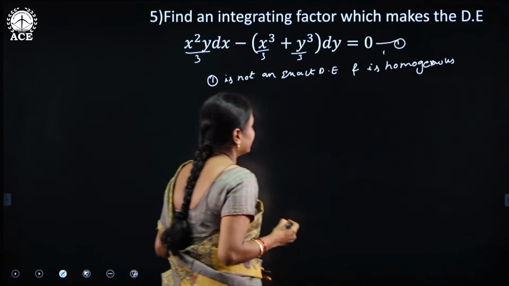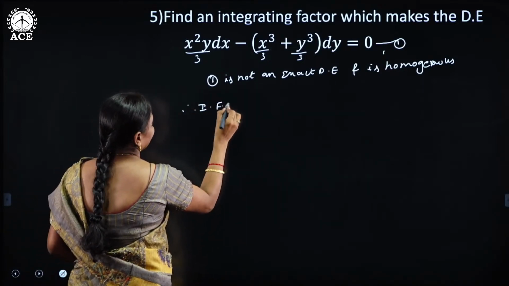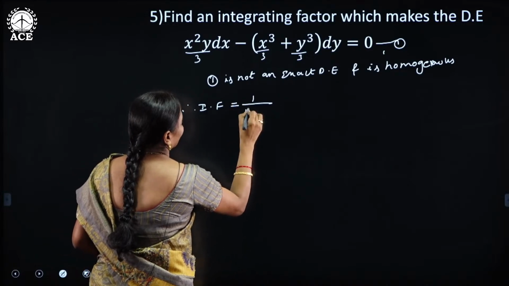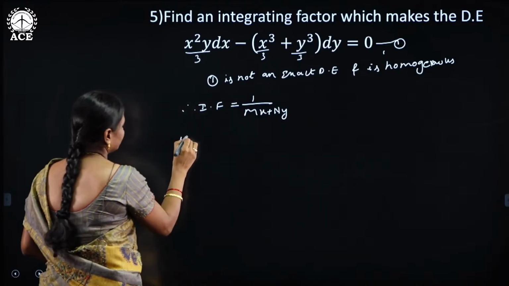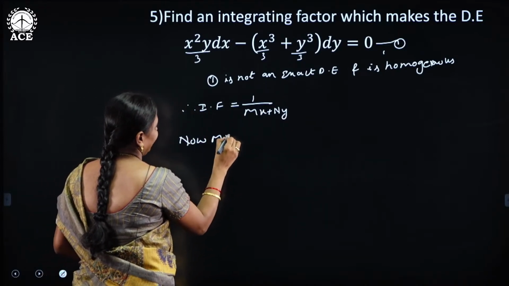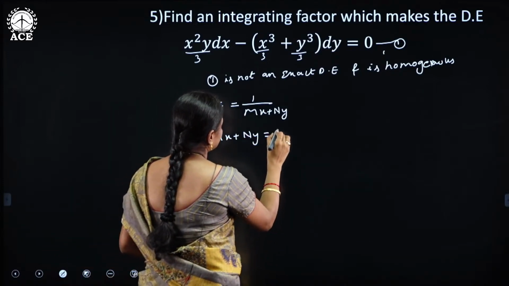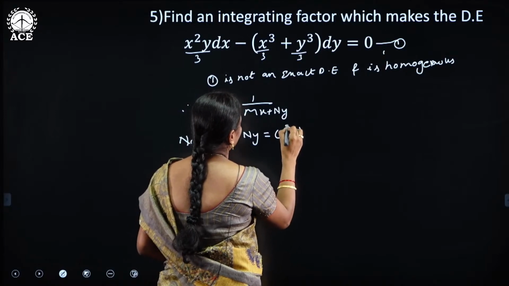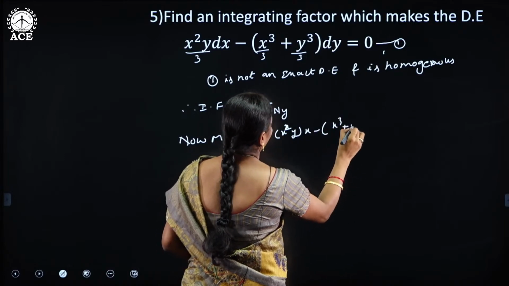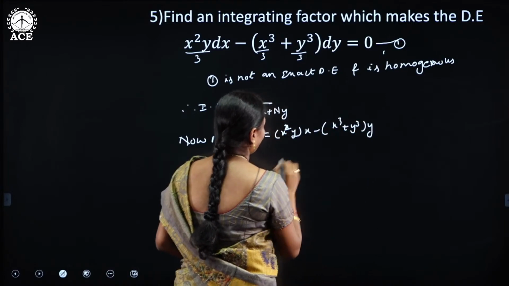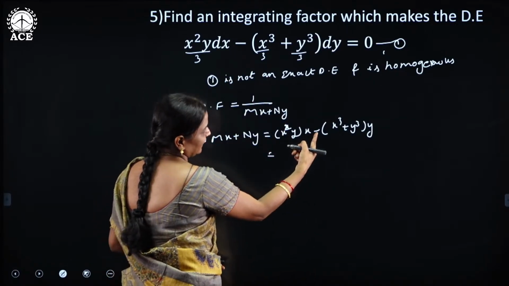If it is homogeneous, what is the integrating factor? Therefore the integrating factor is equal to 1 by mx plus ny. First find mx plus ny. What is the m here? m is x square y into x, minus of n, x cube plus y cube into y; here we have minus, that's why write minus.